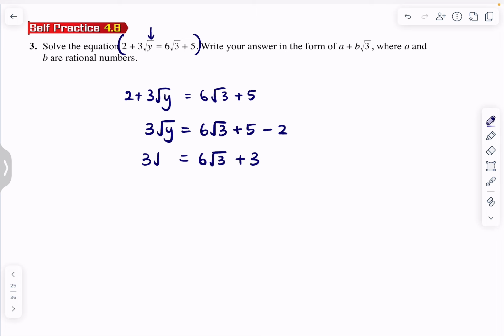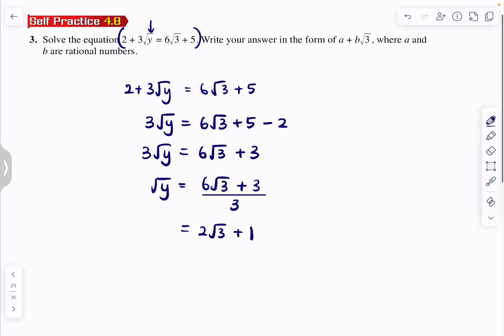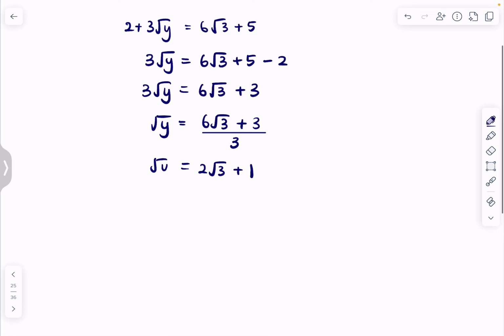This is 3 surd y. So we make surd y the subject, so it will be 6 surd 3 plus 3 over 3. So 6 and 3 both can be divided by 3. So we'll get 2 surd 3, then 3 divided by 3 is 1. So this is our surd y.